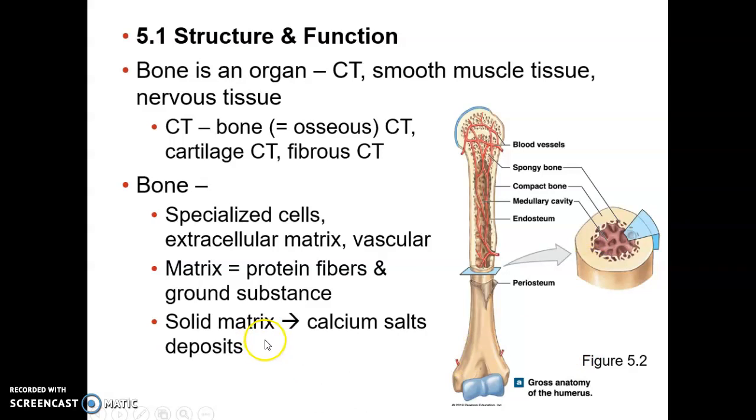So that solid matrix is due to the calcium salts being deposited within the matrix, making it a solid, hard material, as opposed to the more rubbery material in the extracellular matrix of cartilage.